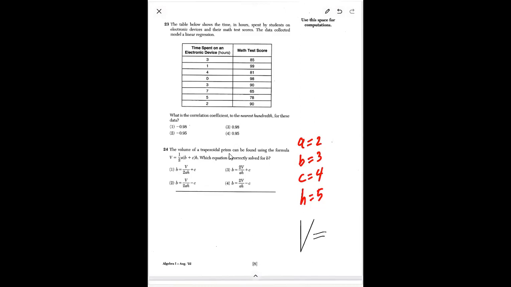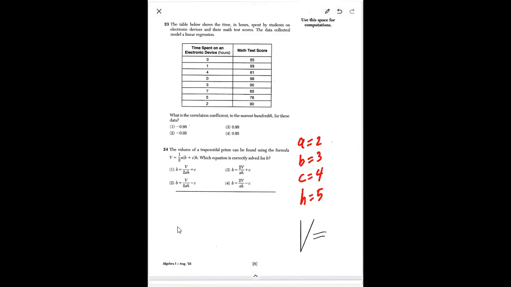And then once I have all of those variables stored, I'm just going to go through the answer choices and see which one gives me a true statement. Because once I calculate the volume, the whole equation is going to be true. So let me kind of go through and just do it.